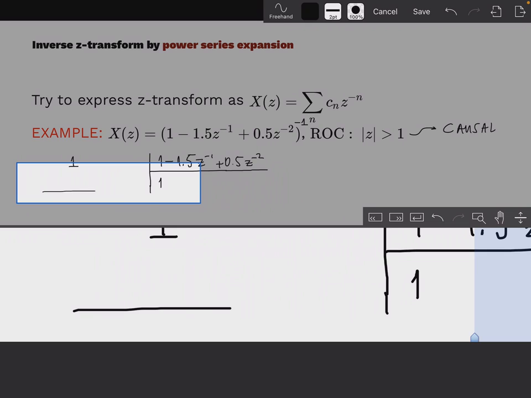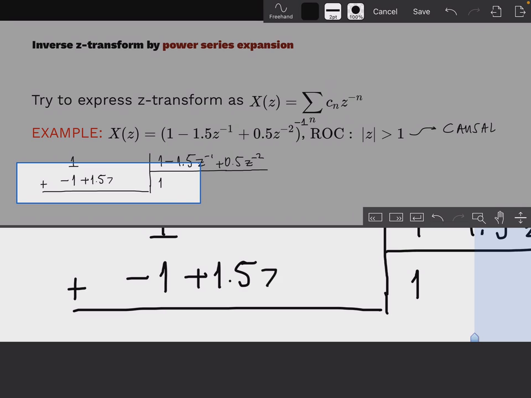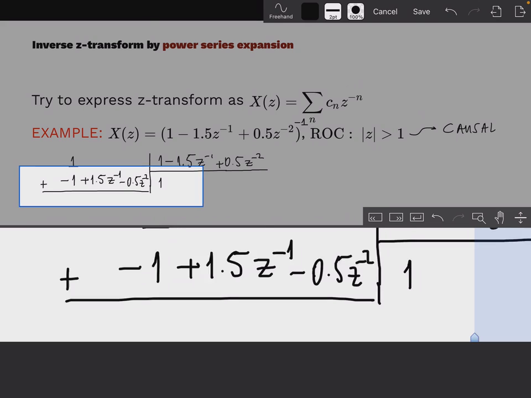so let's just write plus here, and then we have minus 1 plus 1.5 z to the power minus 1 minus 0.5 z to the power minus 2.